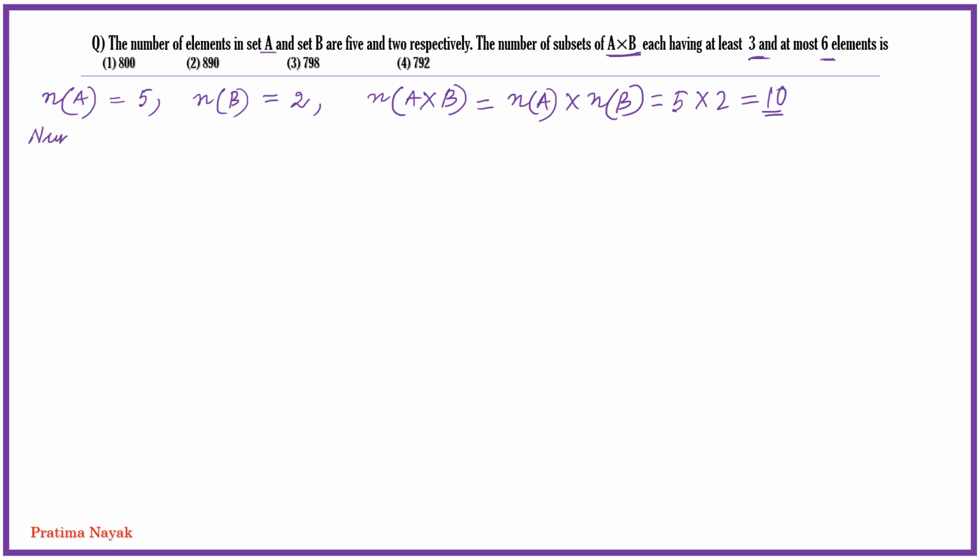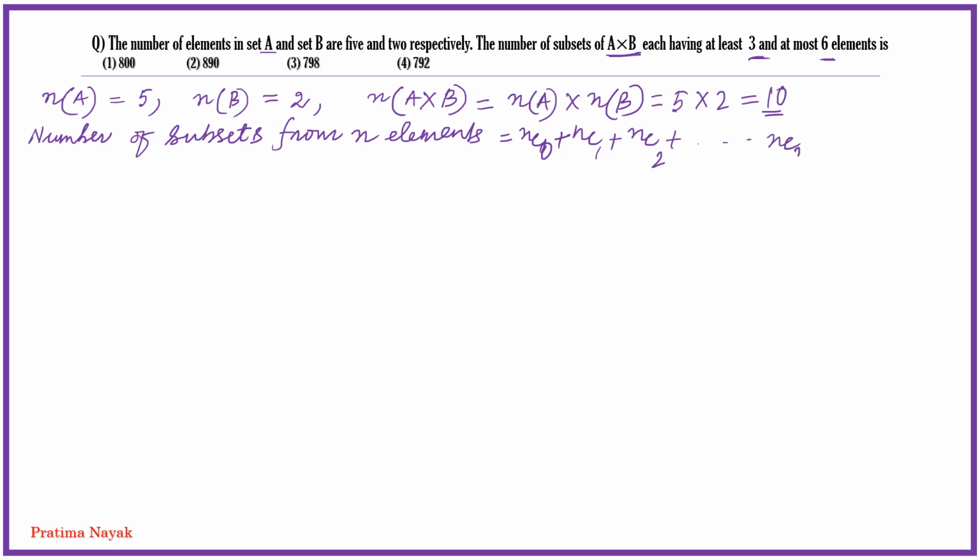The total number of subsets from n elements is nC0 plus nC1 plus nC2, and so on up to nCn, that means taking 0 elements the first time, 1 element, 2 elements, and so on.